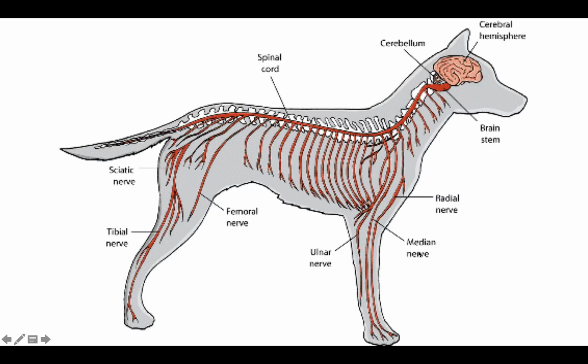So here's an example of a dog, a canine. You have a brain here. Now your brain is going to be the processing center, so it's made up of interneurons. Then you have these nerves here, and these are called your peripheral nerves. You don't necessarily need to know that. They just branch out. These are going to be both motor and sensory neurons, depending on whether it's receiving stimulus or responding.